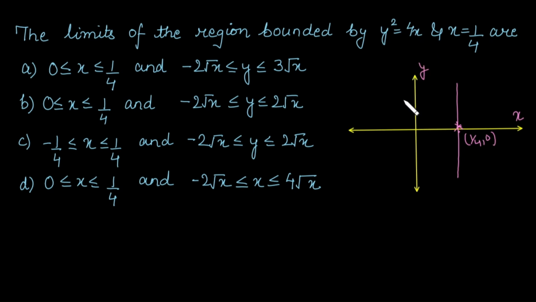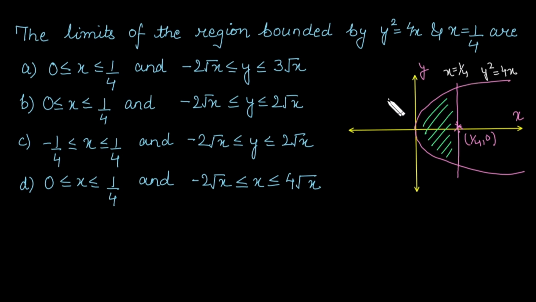This is a parabola towards which side? This is a right side parabola. Now the bounded region between these two curves is this one. So this is the curve y square is equal to 4x and this is x is equal to 1 by 4. Here x is 0, and on the x-axis y is equal to 0.